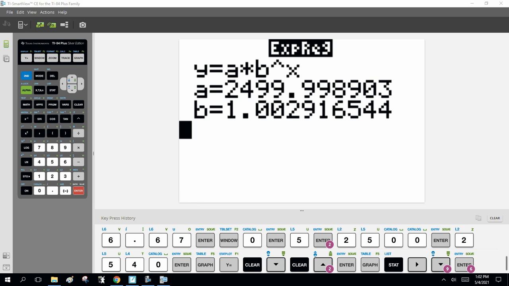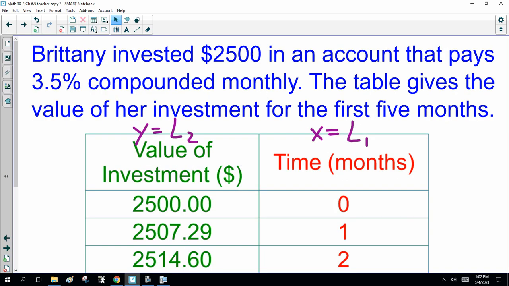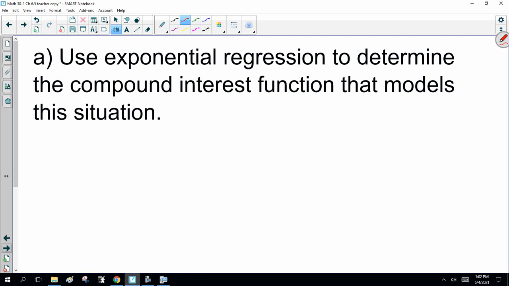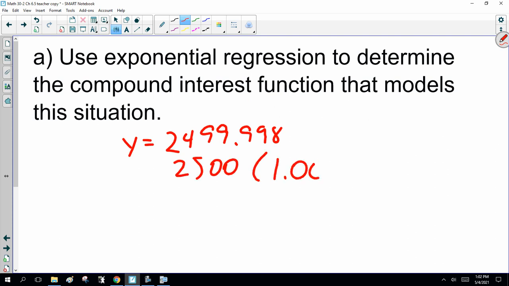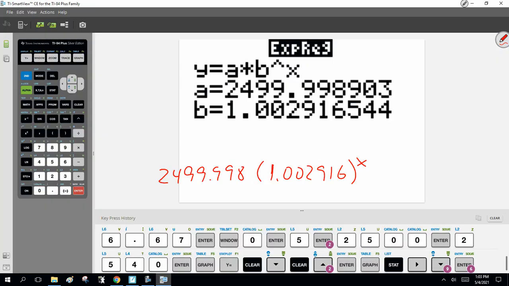So I'm going to make note of this. a equals 2,499.9989. I'm going to call that 2,500. And b equals 1.002916.